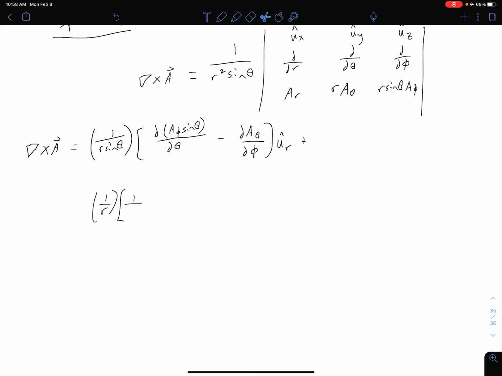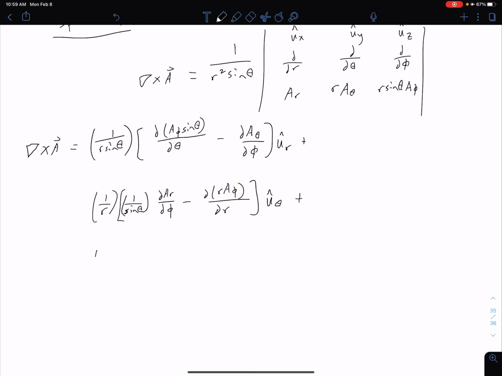So we have 1 over sine of theta, that times our partial derivative of our r component with respect to phi minus the partial of, in parentheses, r times our phi component with respect to r, all of that in our theta direction. So again, here's another case where we want to multiply that by that r prior to doing that partial derivative.